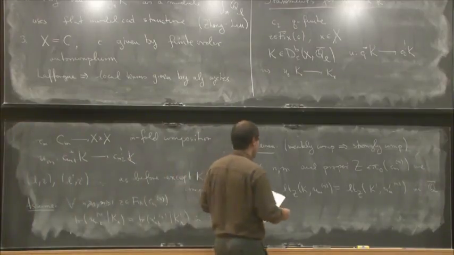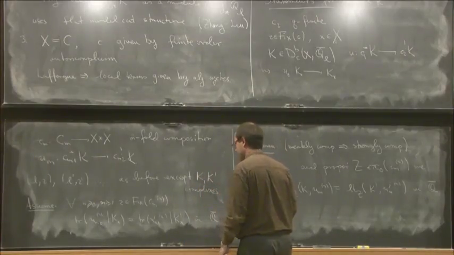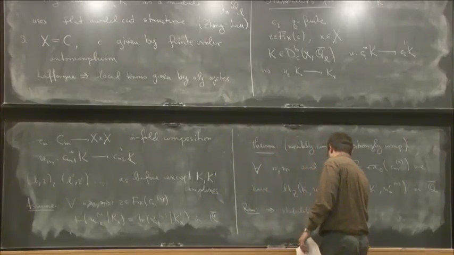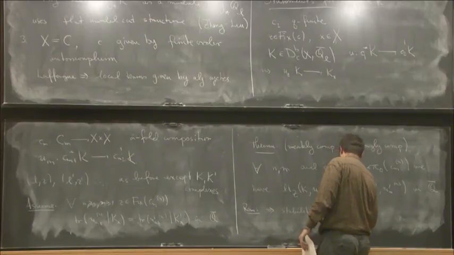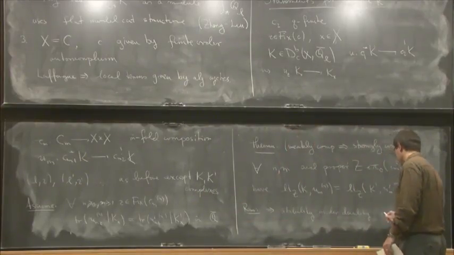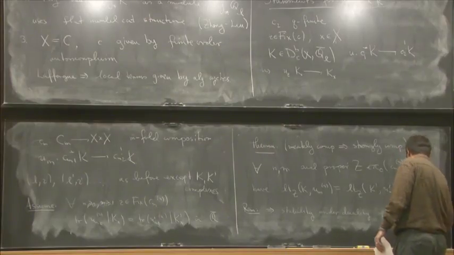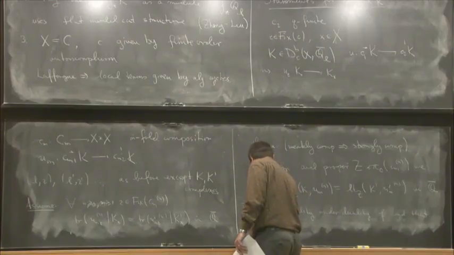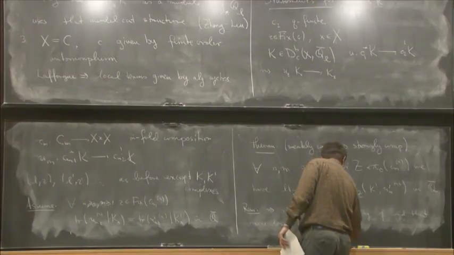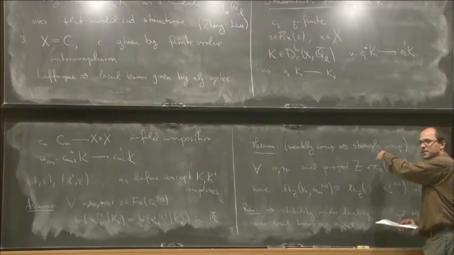This implies, for example, stability under duality of this condition of having naive local terms equal, because, as you can guess from the terminology, strongly compatible implies weakly compatible.